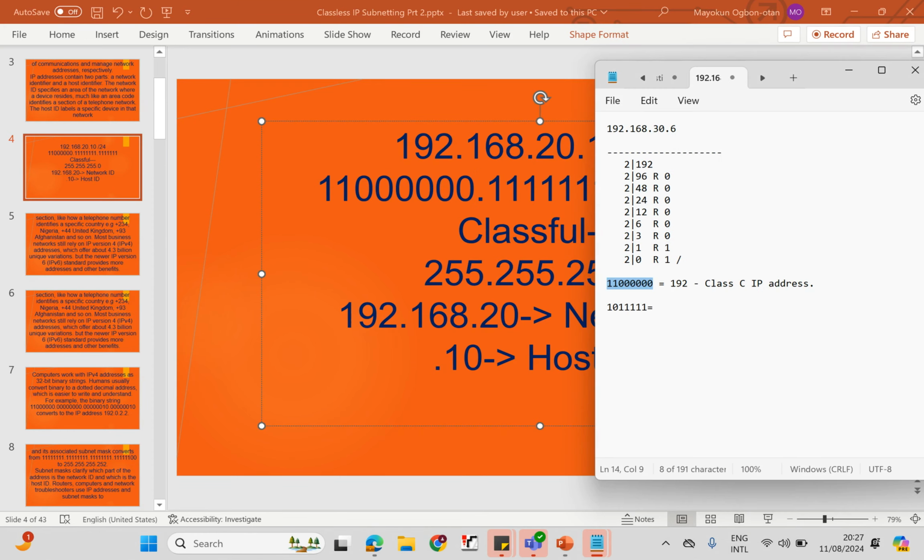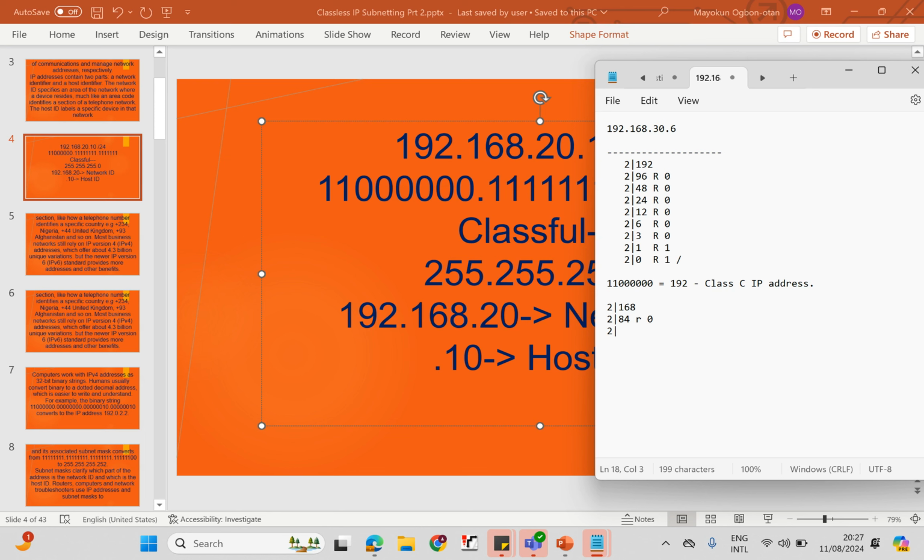So let's check what is 168. We'll divide by 2. How many 2 can we say in 168? In 16 is 8. In 8 is 4. Then remainder remains 0.